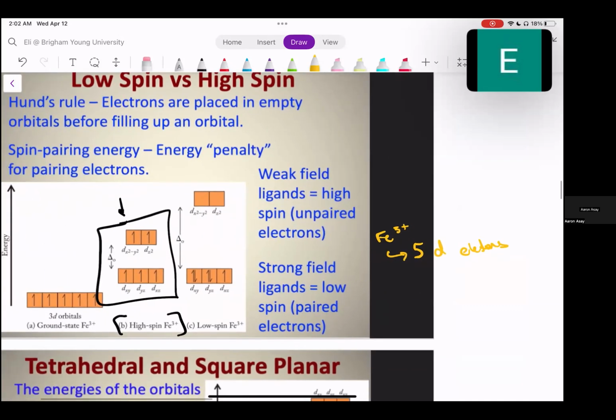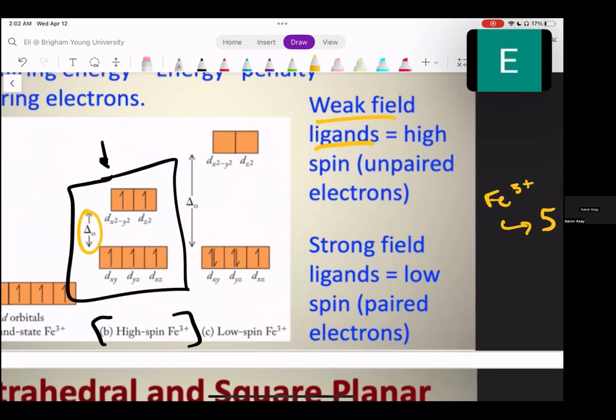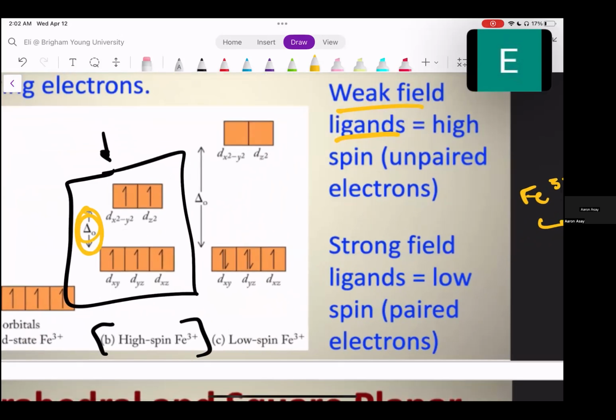And if it's coordinating with weak ligands, we'll define those in a little bit, we see that it doesn't have to overcome much energy in order to fill up this next shell. This is favorable for it. It really doesn't want to pair up its electrons. So it's going to come in and it's going to fill up each one of these slots before it starts pairing up, because that is less favorable for it.